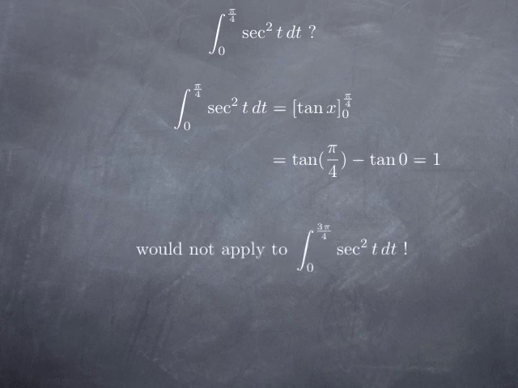However, if we had the same question with the integral from 0 to 3 pi over 4, then we would have to be a lot more careful, because then in the interval we would have the value pi over 2, where the cosine takes the value 0, which means that secant squared of t goes to infinity when t gets close to pi over 2, which is a value in the interval. So in that case, the fundamental theorem of calculus would not apply because the function is not continuous on the interval.